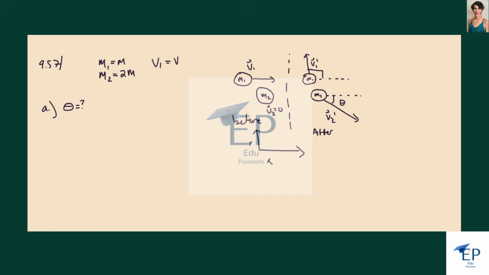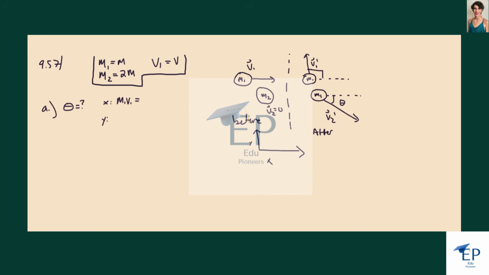Okay, so we know we're probably going to start with momentum conservation, and we should know that momentum is conserved in both the x and y dimensions. So let's write out our equations. In the x we have m1 v1. I'm just going to write v1s, and we're going to keep everything in terms of 1 and 2, and then we'll plug in these relations later when we're looking for our answer, just to keep some housekeeping track.